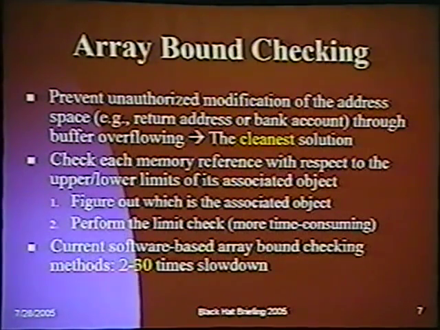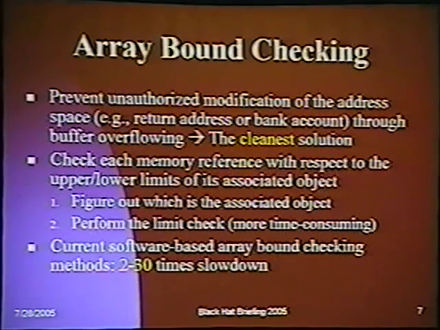There are just two issues you need to deal with. For every memory reference, first you have to figure out its corresponding higher-level object, like an array, structure, or buffer. Then you can perform the corresponding limit check: does this reference exceed the upper or lower limit? It's a pretty simple idea. Of course, that's what you should do in order to prevent people from tampering with your address space.